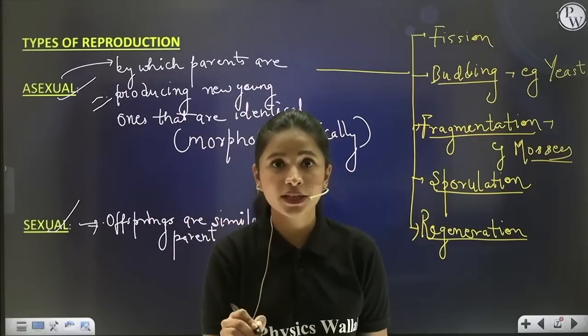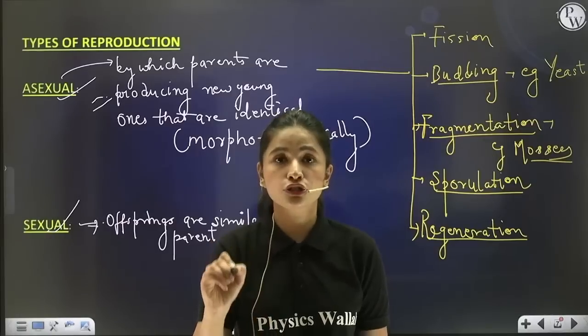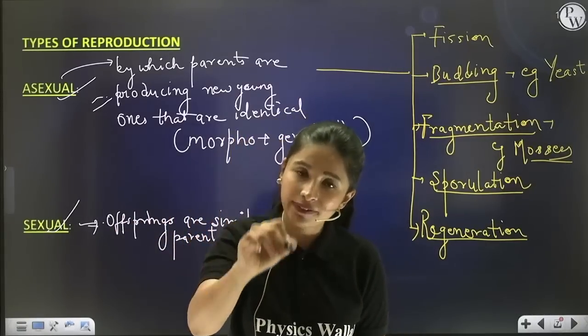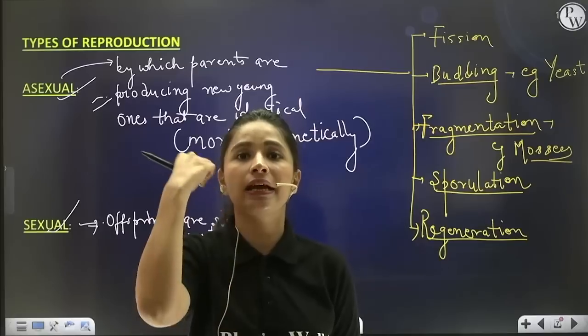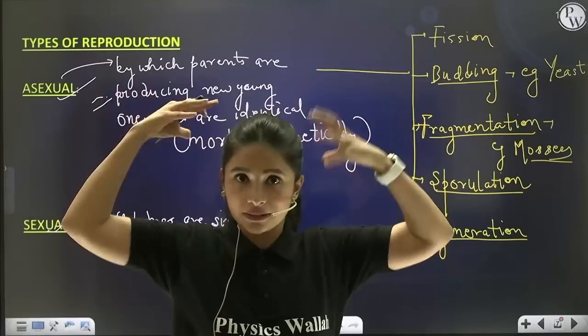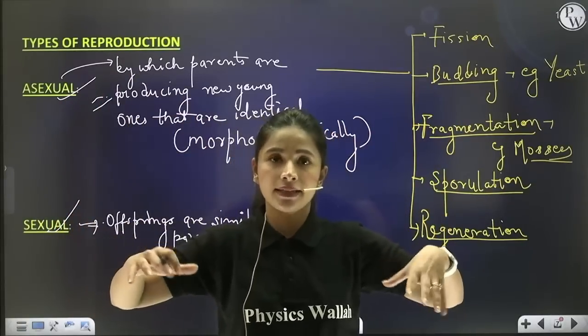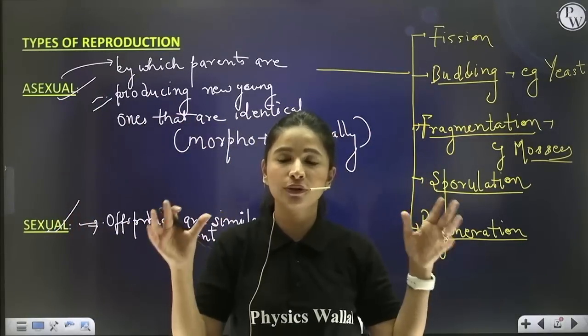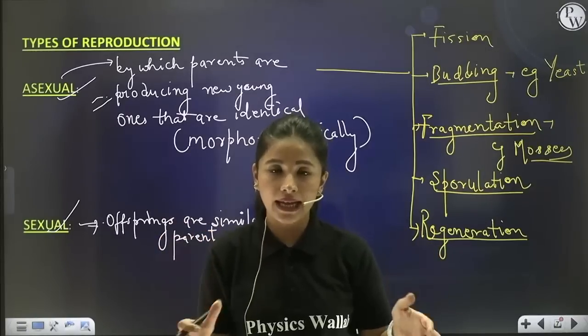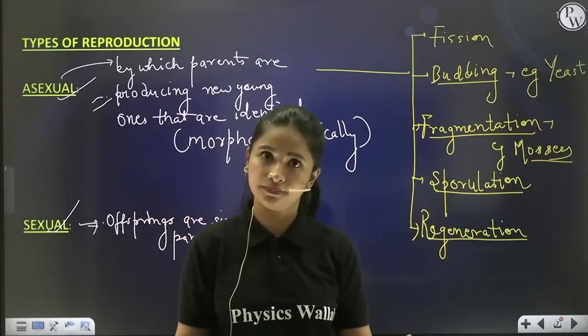The question is, which organisms show true regeneration? And the option which always comes as an answer is planaria. So just feed this in your brain that planaria shows true regeneration. Regeneration is a method of asexual reproduction.